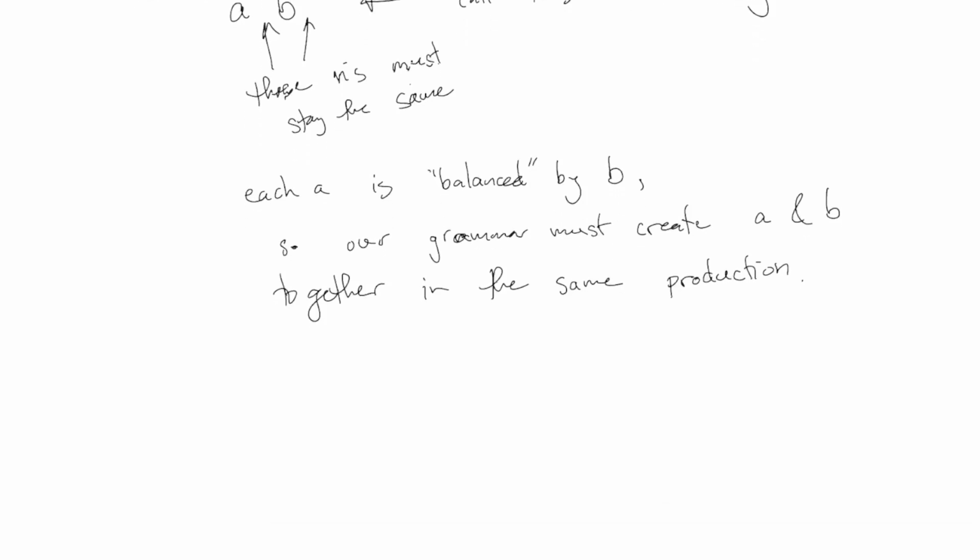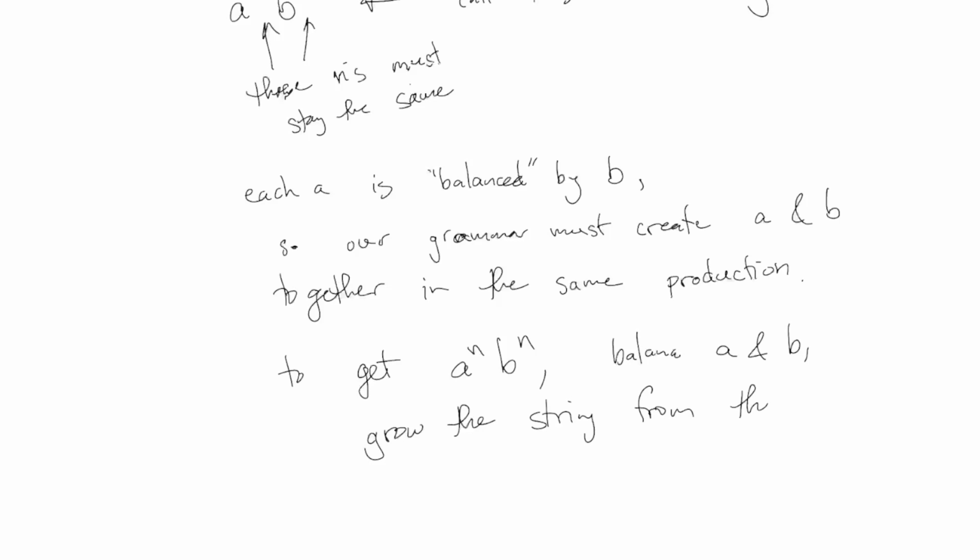And in this case, specifically to get A to the N, B to the N, now I have to imagine that every A is balanced by a B, and to produce this, you have to actually sort of grow this string from the middle outwards. So to get A to the N, B to the N, you balance A and B, and I will say grow the string from the middle.